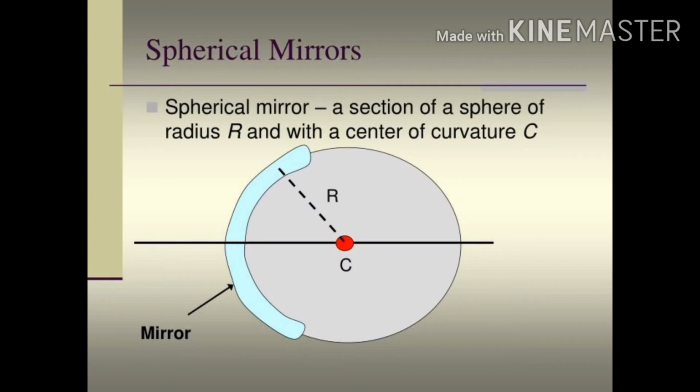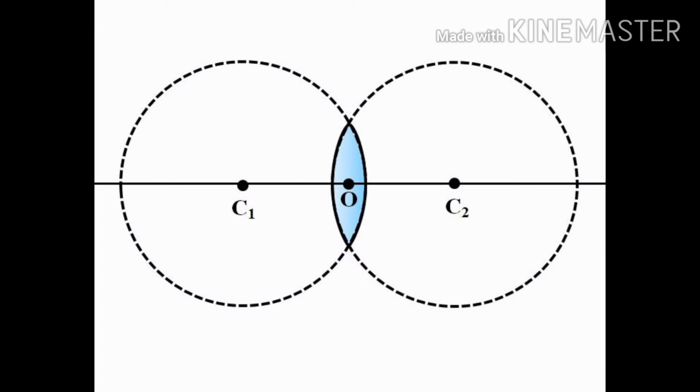Radius of curvature. A lens with two surfaces has two radii of curvature, R1 and R2. Principal axis. The imaginary line passing through both the centers of curvature is called the principal axis of the lens.